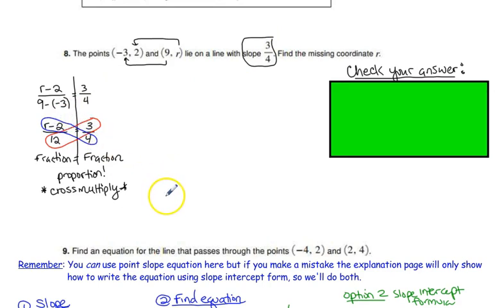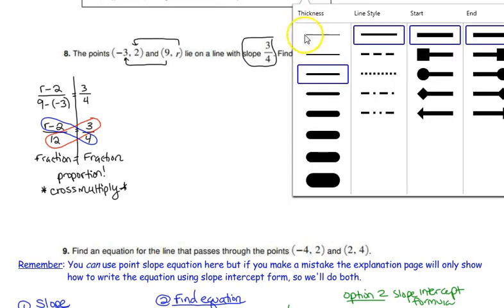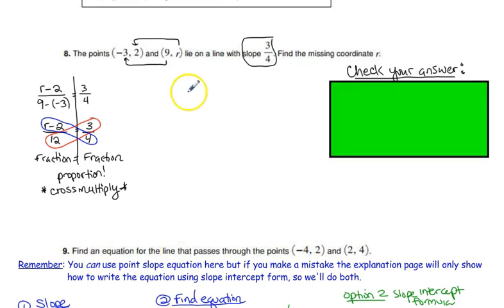At this point, if you'd like to pause and finish it from here, that would be great. Okay, let's see how you did. It doesn't matter which diagonal you start with. I'm going to start with the blue diagonal. So that would be 4 parenthesis r minus 2 equals 12 times 3.